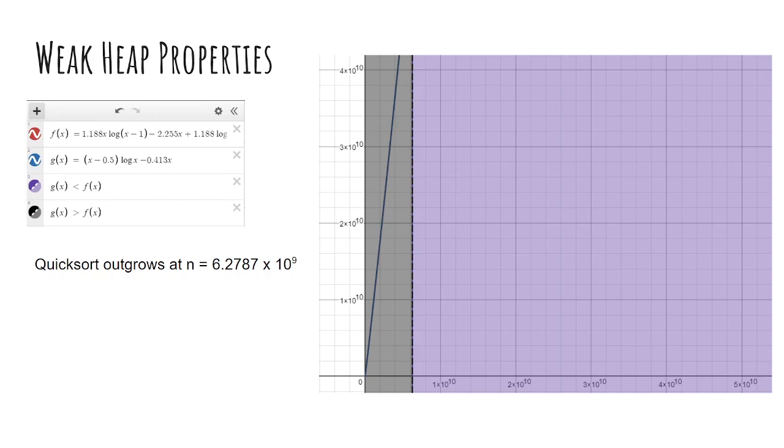However, once you get to that 6.3 billion iterations, we keep sort actually begins to dominate the runtime. Quicksort begins to dominate the runtime against we keep sort for the remainder of the x-axis.